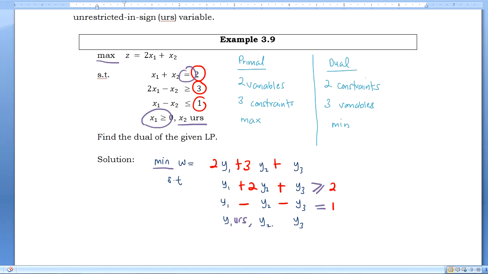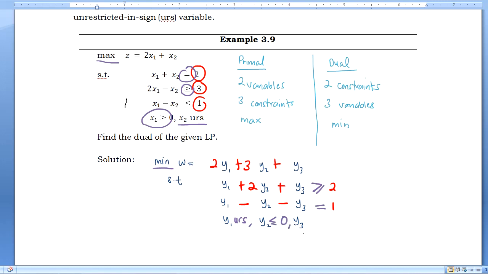y2 is, okay, since the second constraint is a greater than or equal to constraint, where this sign is not the sign for normal maximum, therefore the variable is also not normal, which is less than or equal to 0.